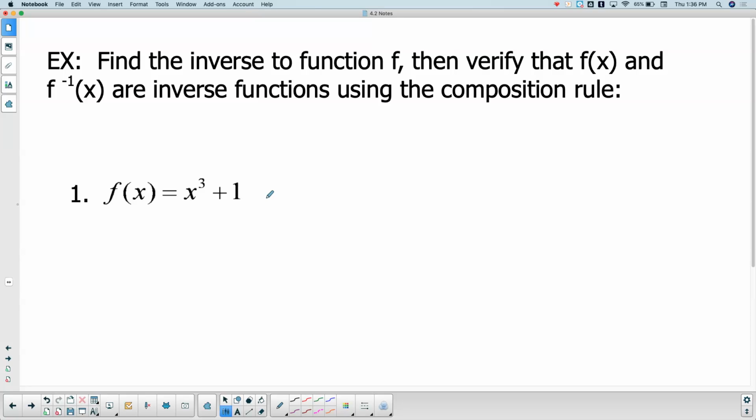Well, it should have been, but I changed this problem from verify that these two are inverses to find it and then verify it. I got it, Liz. Does that clear it up a little bit better? No, not really. I thought I had it, now I don't.